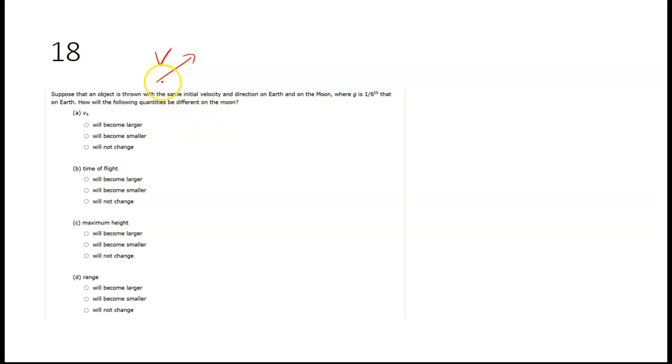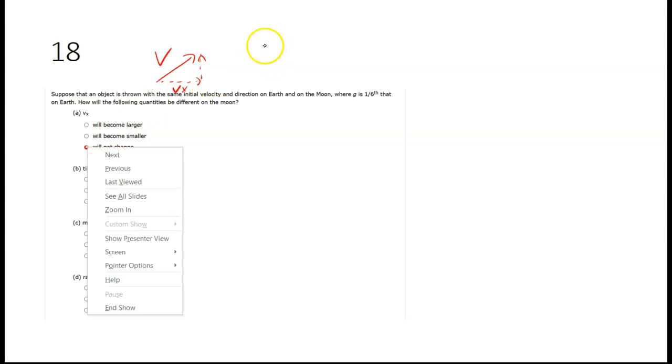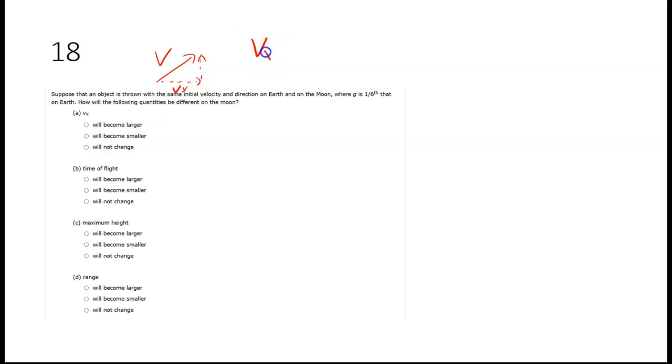Well, regardless of what our acceleration is, the way that my velocity is broken into components is really going to be the same, right? I'll still have the same horizontal component of velocity because there's no gravity in that relationship. Vx, in this particular vector, if this was at an angle, Vx is equal to V cosine theta.